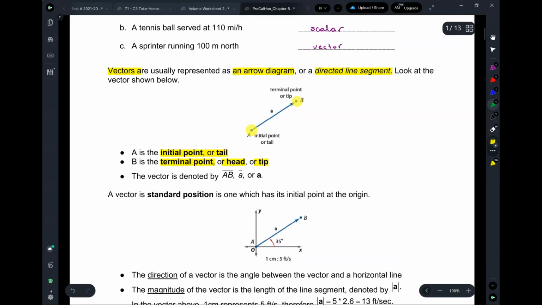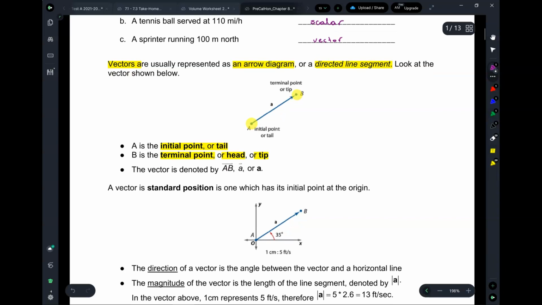Okay, notation. How do we label vectors? Well, you can use two capital letters as the initial and the terminal point, and it'll be vector AB, like this one, always starting at the initial point A and ending at B. So never BA, AB, right? The symbol above it, if you were writing it, is a one-sided arrow, like this.